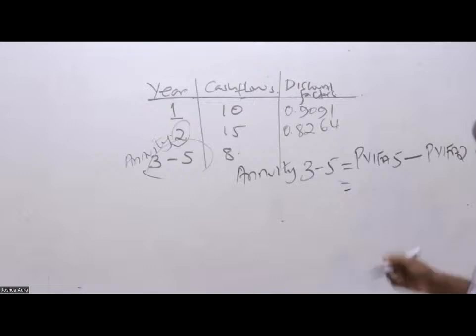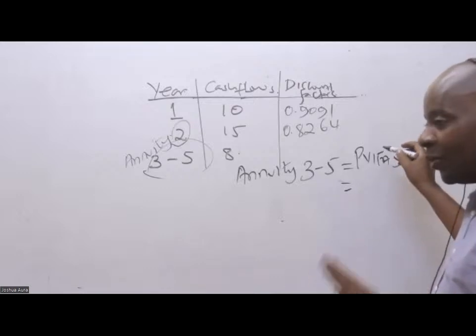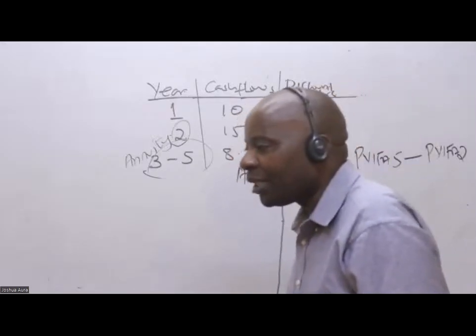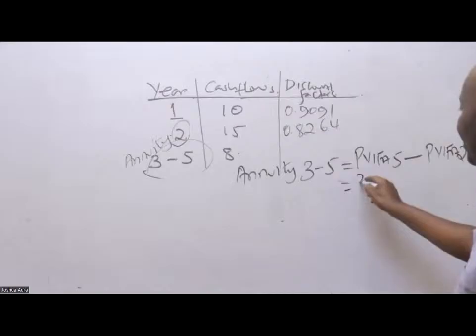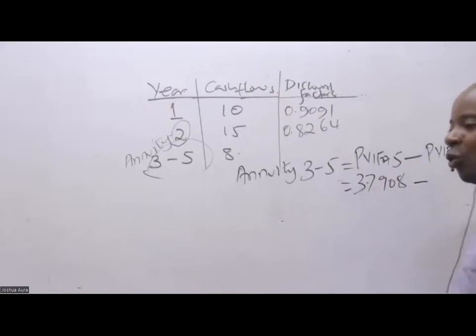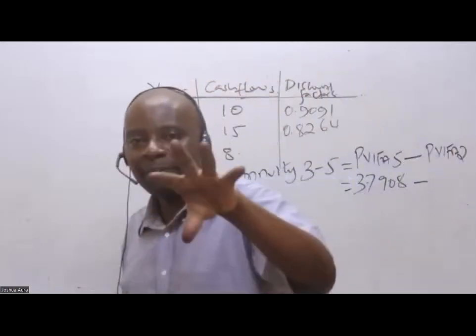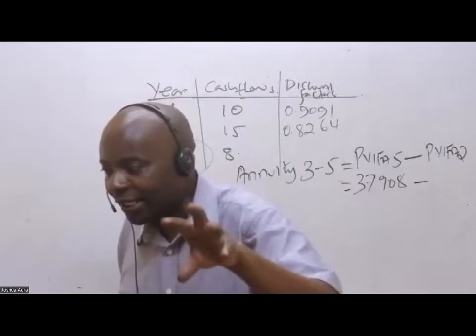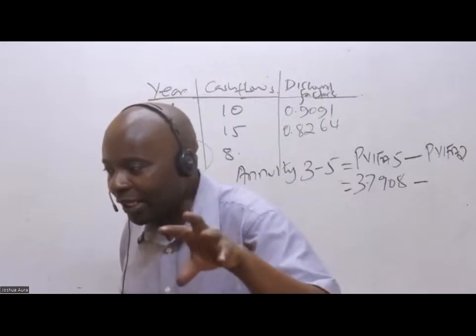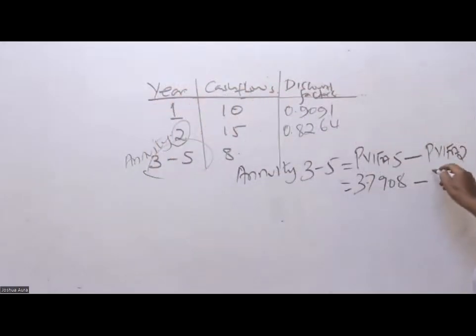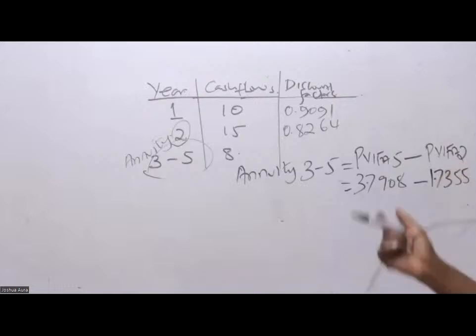So PV 5 years. Remember now we are reading annuity, 10% 5 years: 3.7908. Minus PV 2, where 10% is the cost of capital, 2 years: 1.7355.